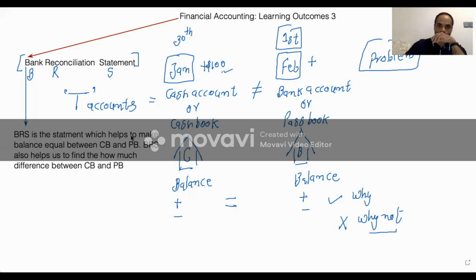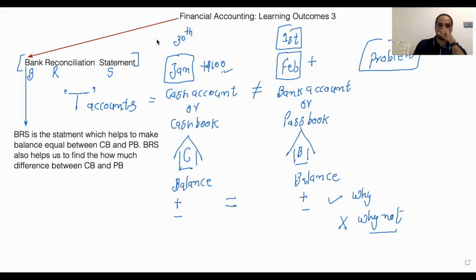As I mentioned, it helps us to make the balance equal, right?